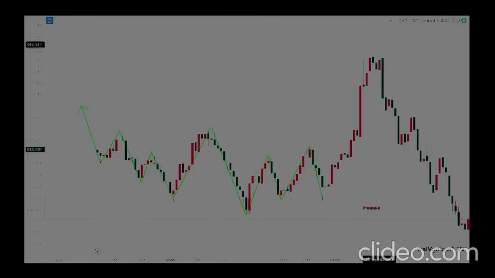From this point to this one, I mean coming down to this point, the market was in a downtrend.